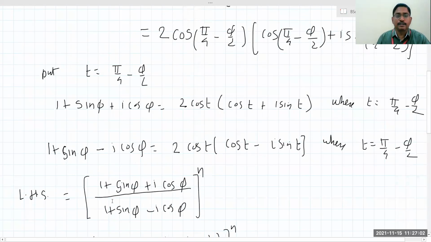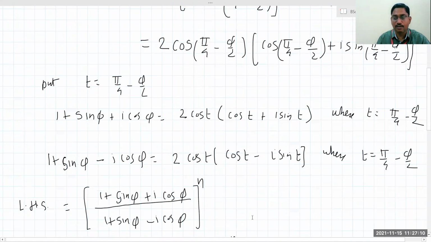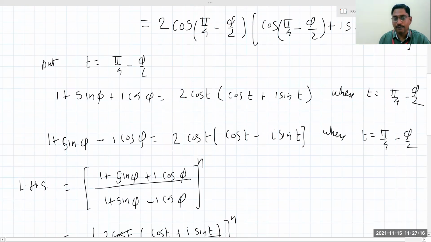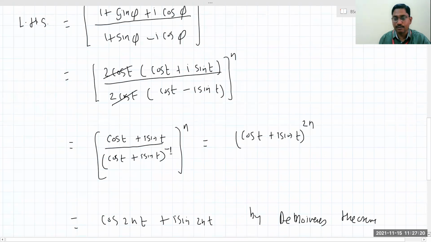So actually here the problem is not a direct application of De Moivre's theorem, but of trigonometric identities. We have to remember all the identities of trigonometry. I'll mention them one by one so that we can apply them in future also.